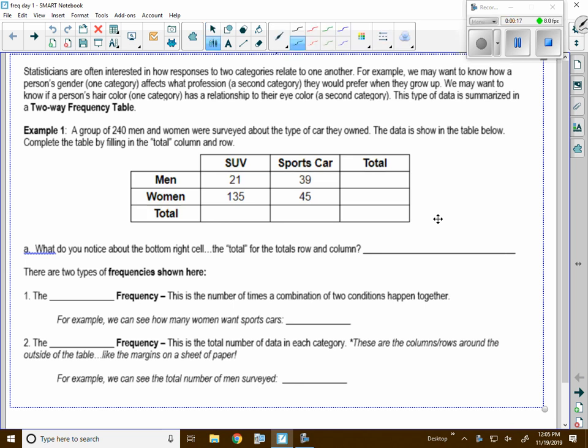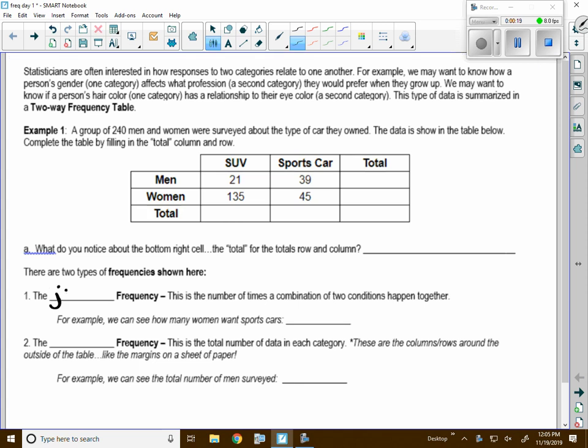There's something called joint frequency. We're going to fill the table in here in just a second. The joint frequencies are the inside boxes. Joint means two things come together to create a combination.